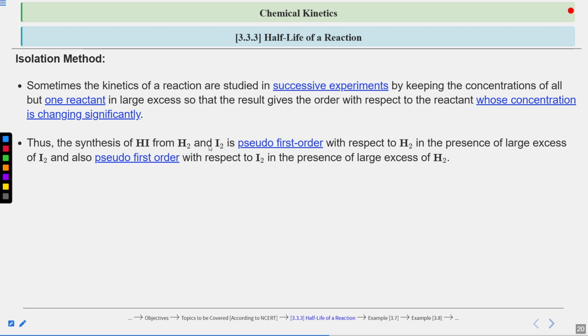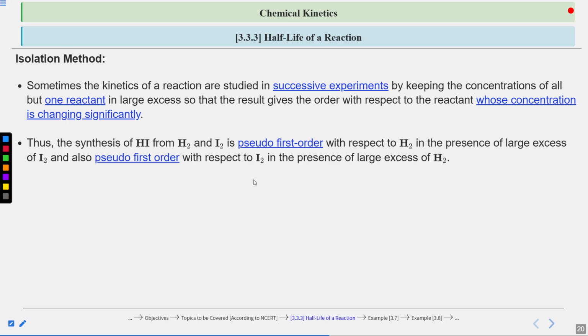This reaction is pseudo first order with respect to the H2 molecule in the presence of a large excess of I2, and also pseudo first order with respect to I2 in the presence of a large excess of H2. If H2 is in large excess with respect to I2, we consider this reaction as pseudo first order. And if we have a large excess of I2 with respect to H2, then this reaction is also pseudo first order.